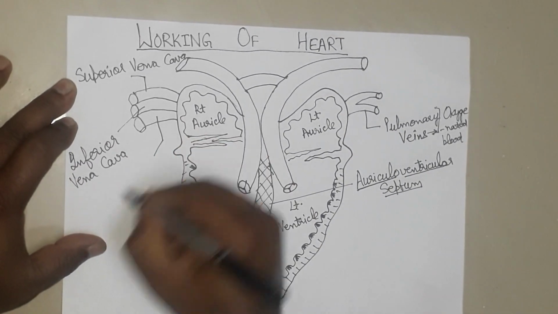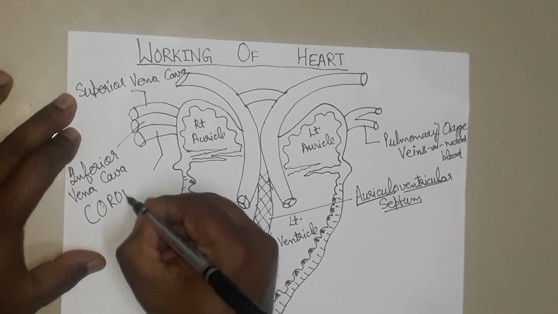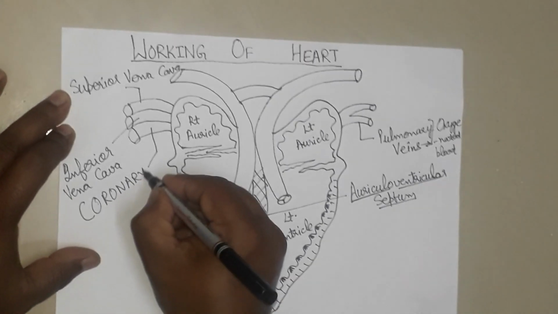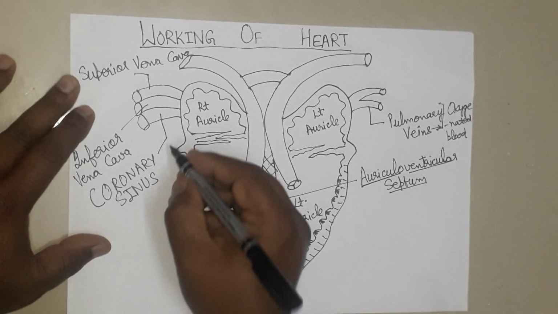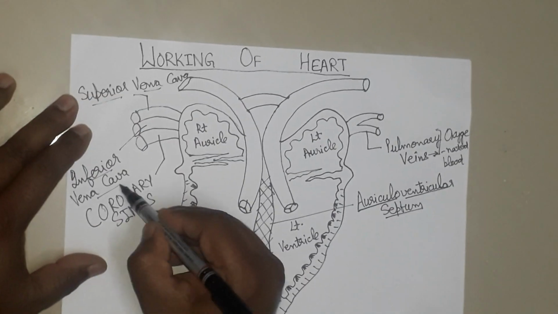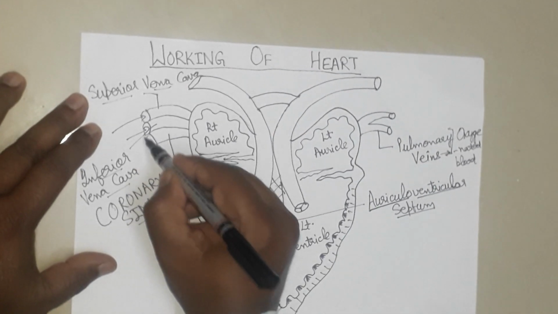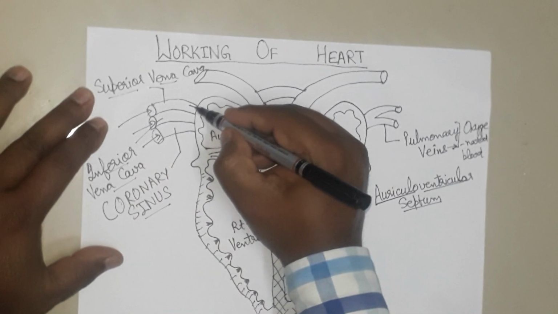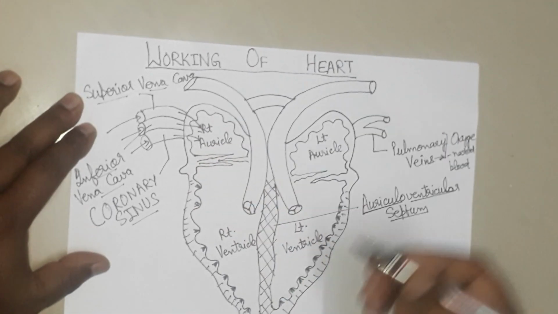And the last one is known as coronary sinus. So these three blood vessels, superior vena cava, inferior vena cava and coronary sinus, bring the deoxygenated blood, and that blood enters into the right auricle.